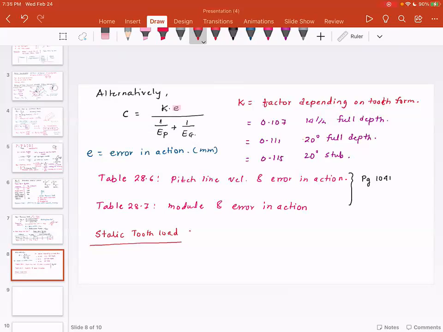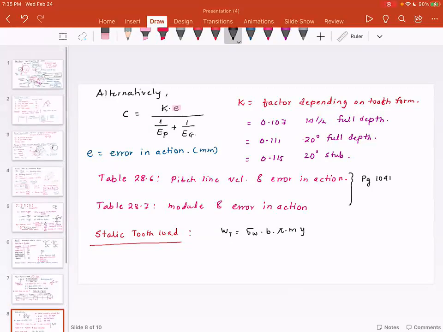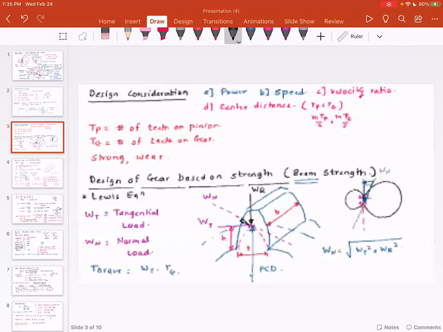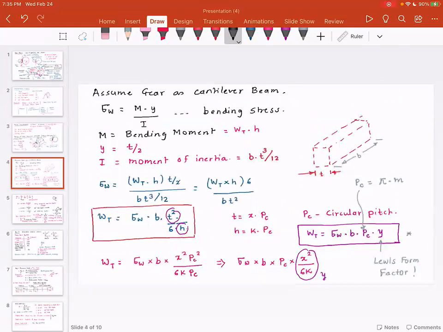Now, what does it mean? Let me look at the equation that we derived first. WT is equal to sigma W multiplied by B multiplied by pi multiplied by M multiplied by the Lewis form factor Y. We derived this equation here.